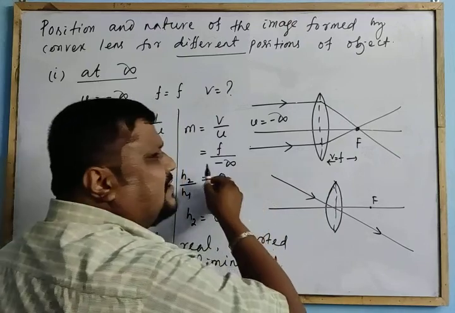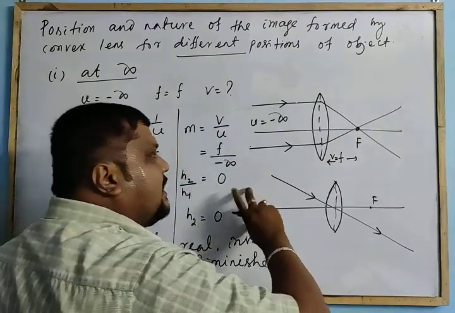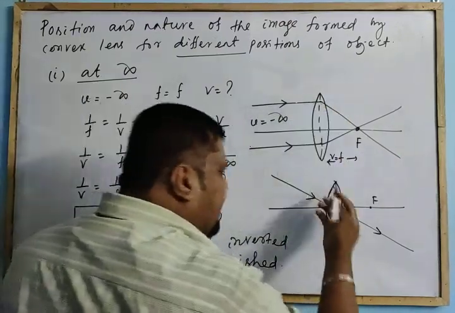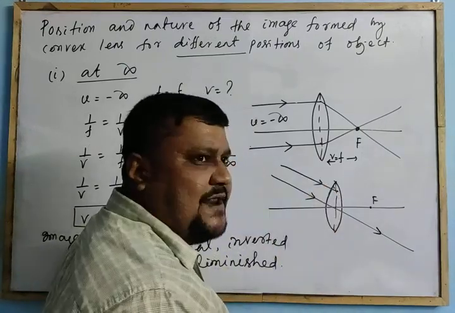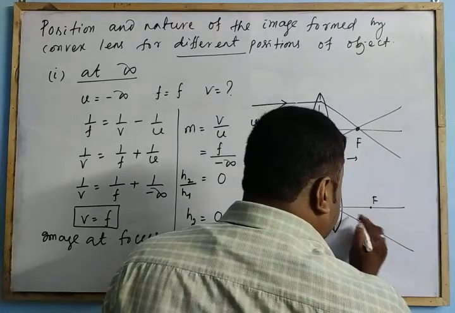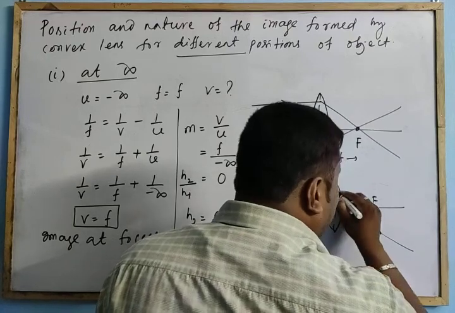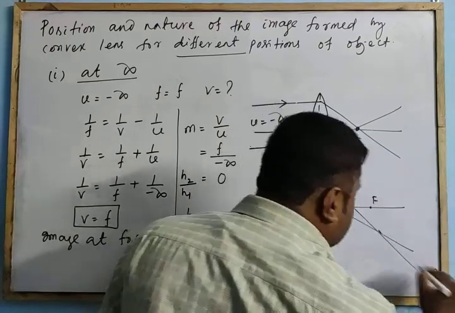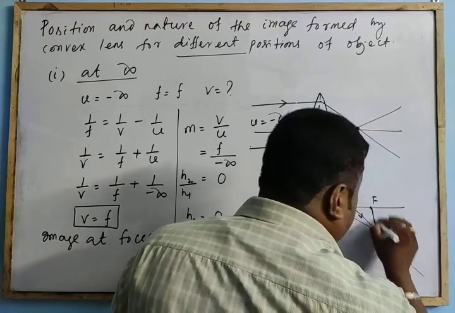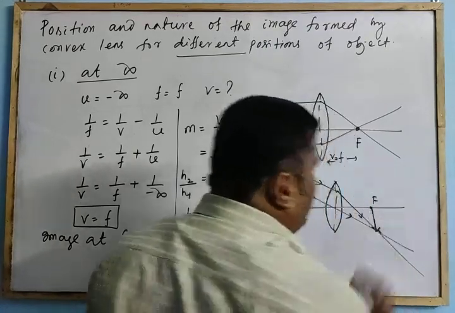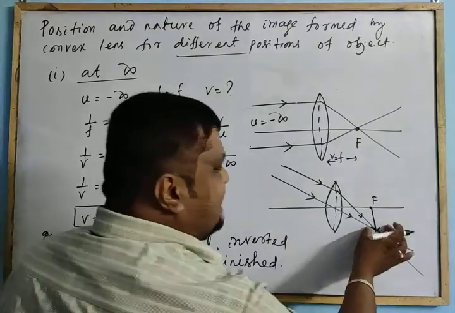If the object is on the principal axis and at infinity, you will get this type of parallel rays. But here also you can say this is another parallel ray. After refraction, it bends like this, and these are formed at the focus. So this is the image at focus.